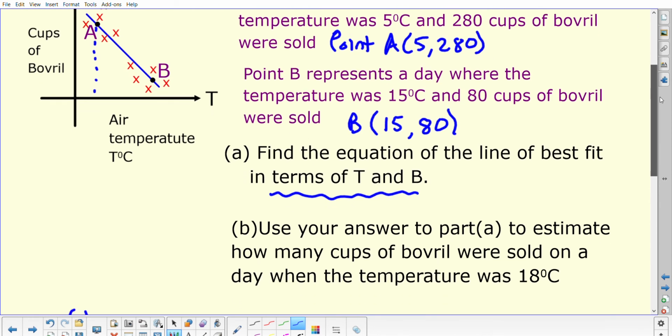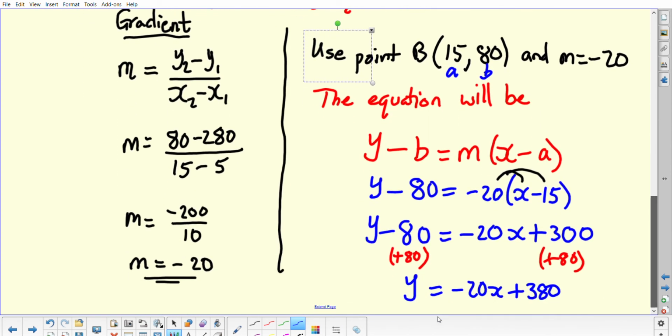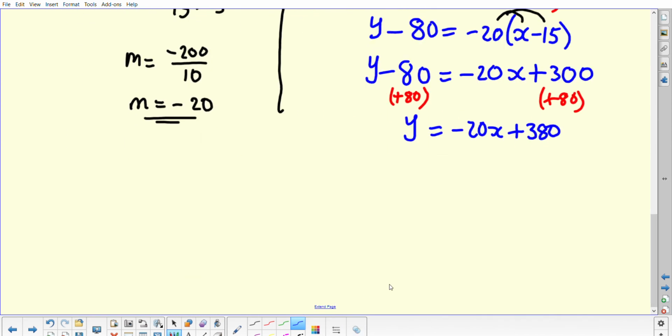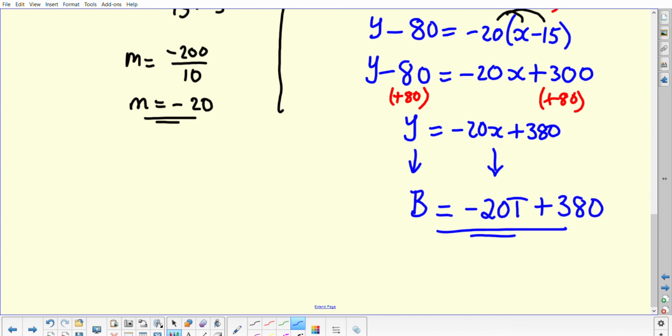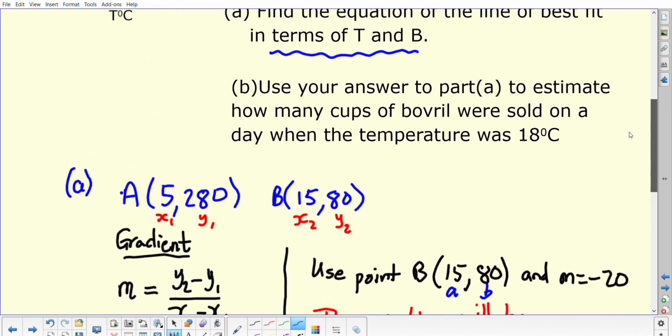The t is where the x would normally be, so what we need to do is choose the right letters. So in place of the y, you need to put b equals negative 20 t plus the 380, and that would be how you would get your 3rd mark. So that's part A. That's us got the equation.